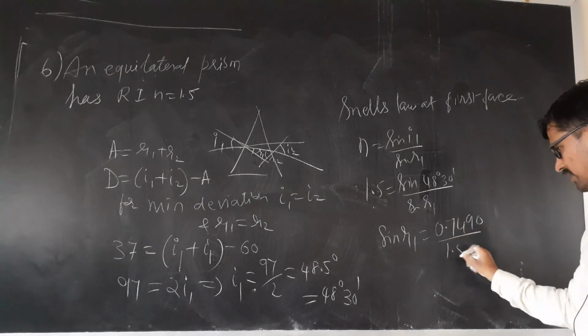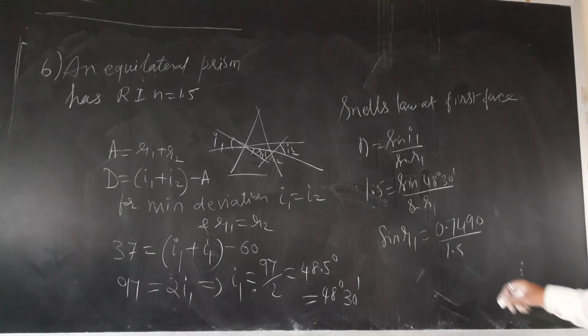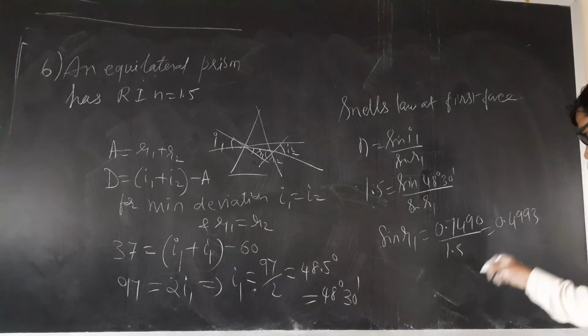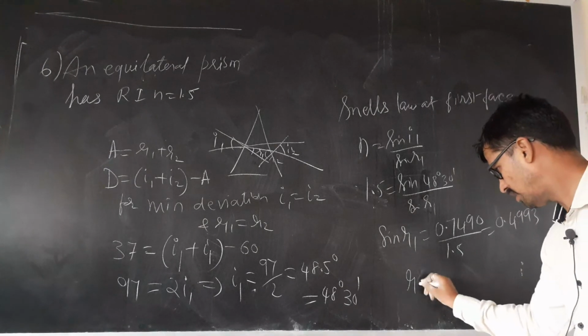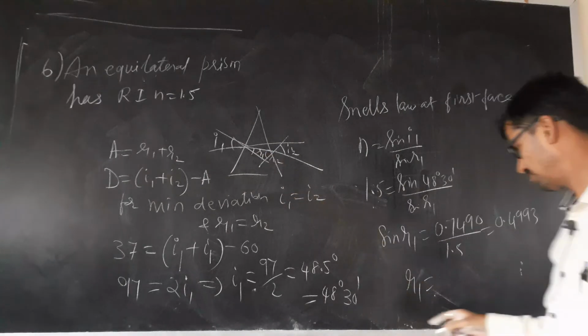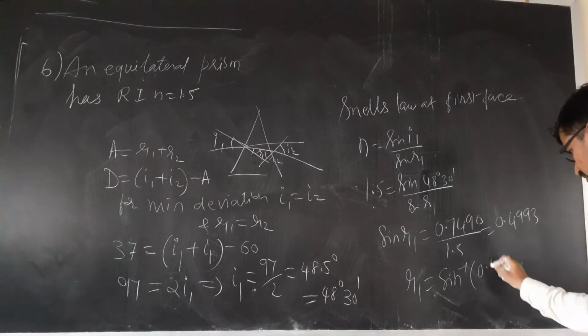0.7490 divided by 1.5 is 0.4993. This implies this interior angle R1 is equal to sine inverse of 0.4993.